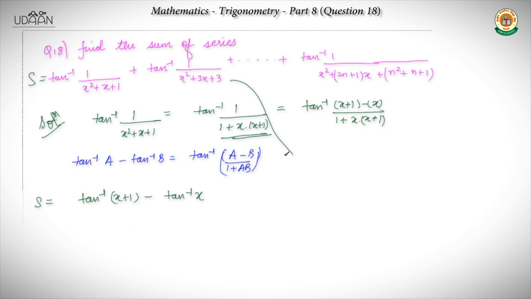Similarly, when I expand the next term, I'll get tan inverse of 1 upon 1 plus x square plus 3x plus 2. I can write this as (x plus 2) into (x plus 1).